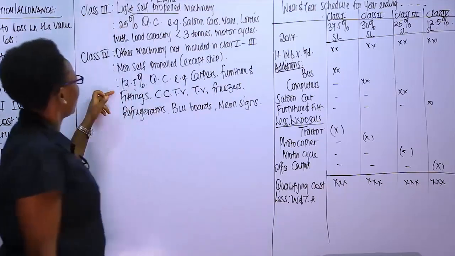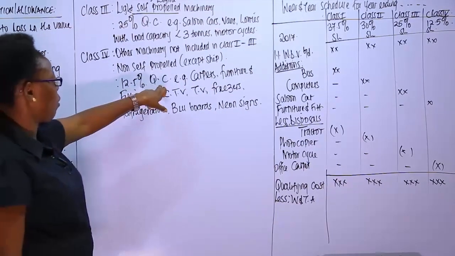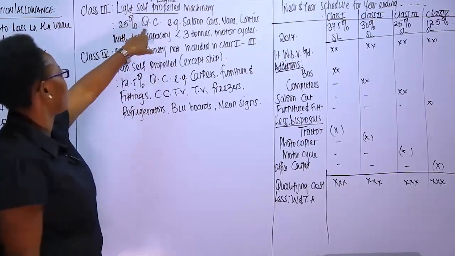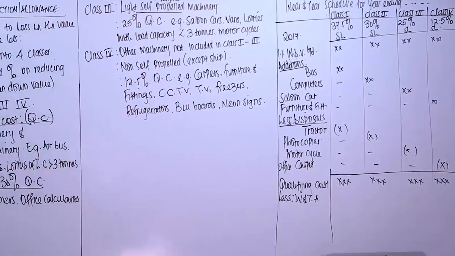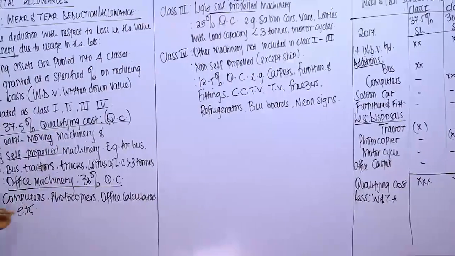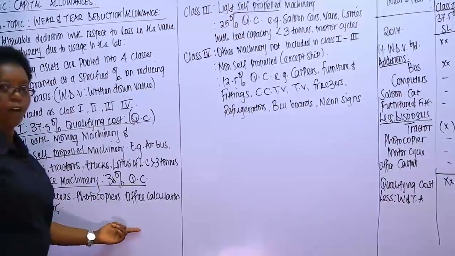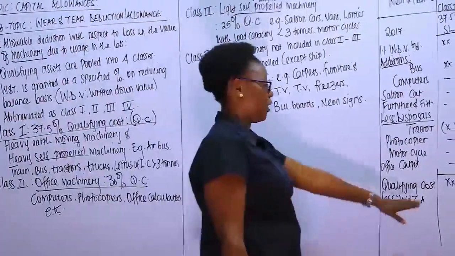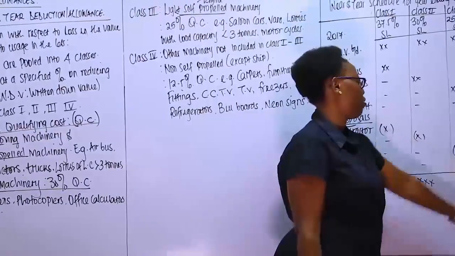Look at this. This is 12.5% of the qualifying cost, 25% of the qualifying cost, 37.5% of the qualifying cost, and 30% of the qualifying cost. So our qualifying cost is this amount. We'll see in our real illustration.